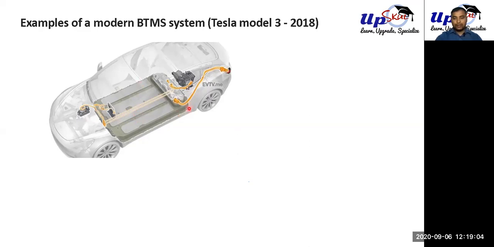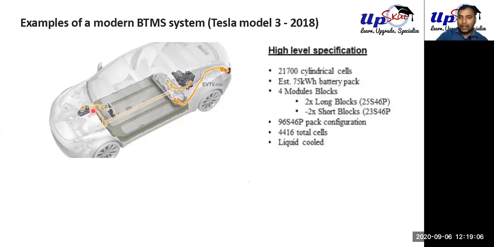Okay, this one. So in this battery, what are the specs? This car has 21,700 cells. 21,700 seems a bit high, but yeah, it should be like that. And then this pack is like 75 kilowatt hour.